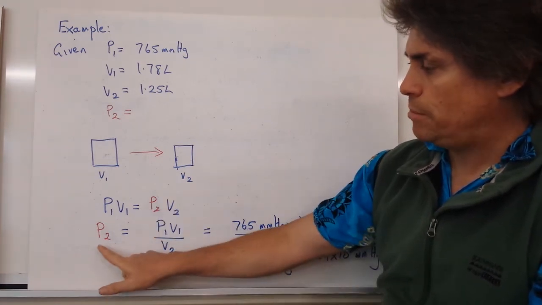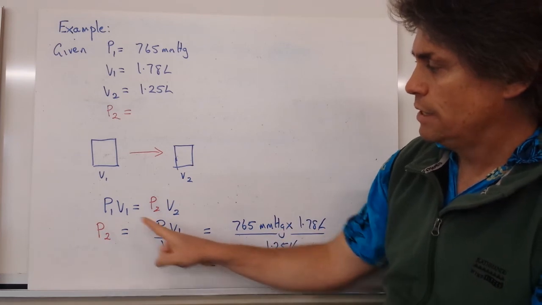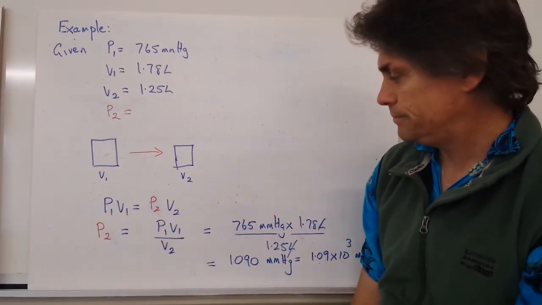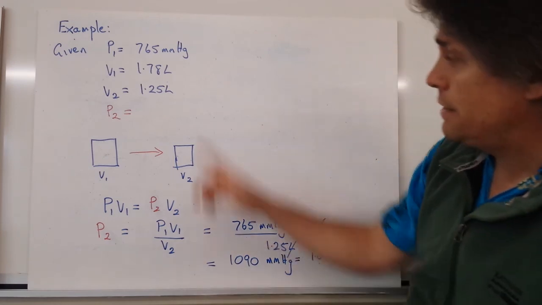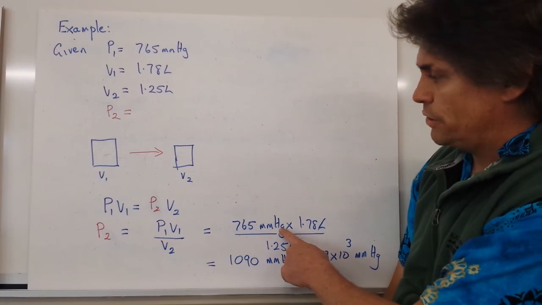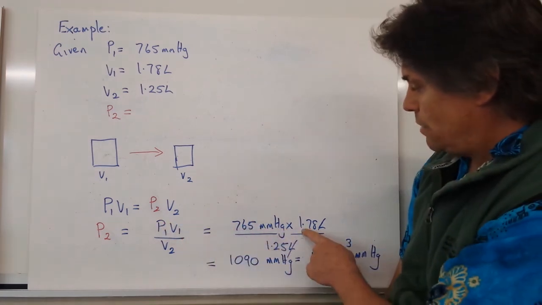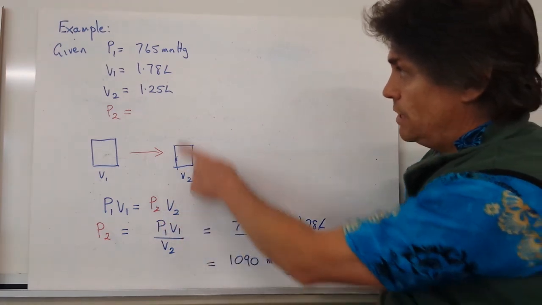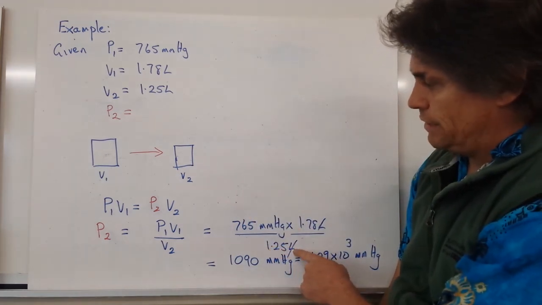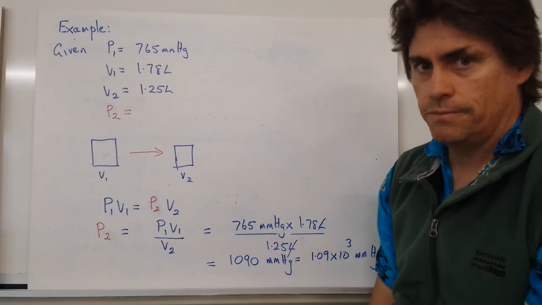So P2 is equal to P1V1 divided by V2. Then if we apply our numbers, we get 765 millimetres of mercury for our P1, 1.78 litres for our V1, and we divide that by 1.25 litres for our V2.